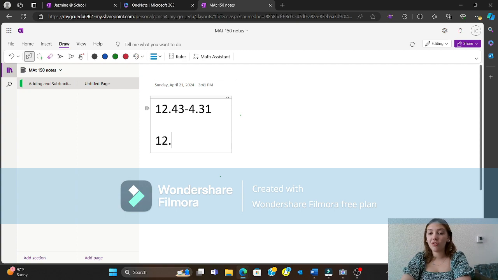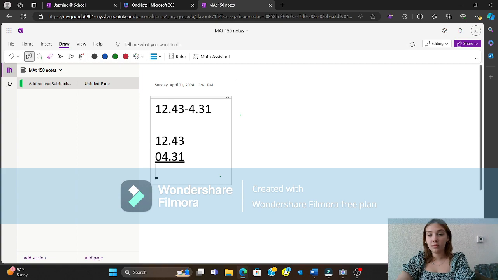So we're going to do 12.43, and then we're subtracting 4.31. And a little trick I like to do is I like to put a 0 as a placeholder, because now it lines up perfect and my 1's not just a little straggler all by himself. But the 0 is optional, it is just a placeholder.